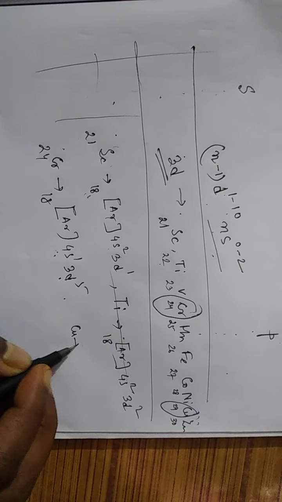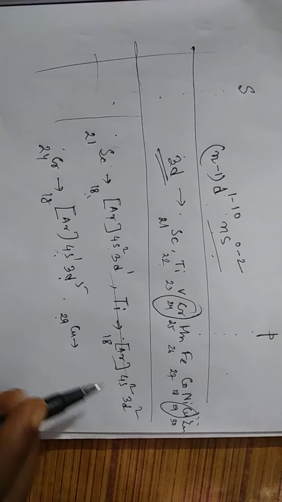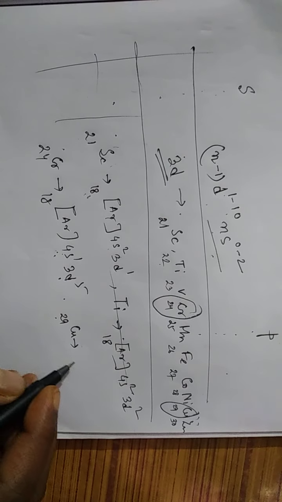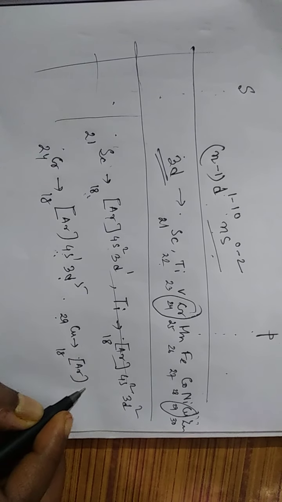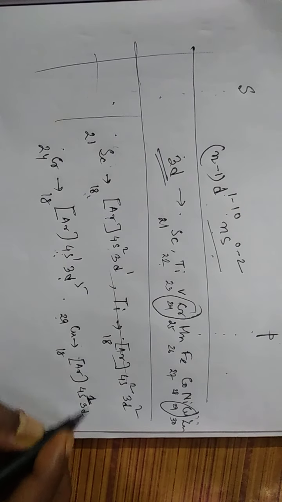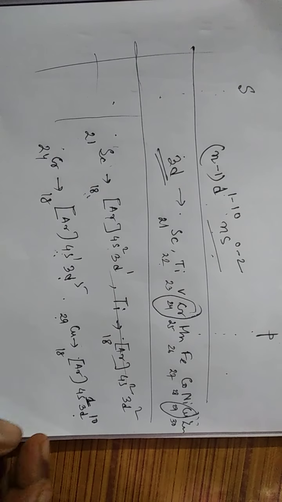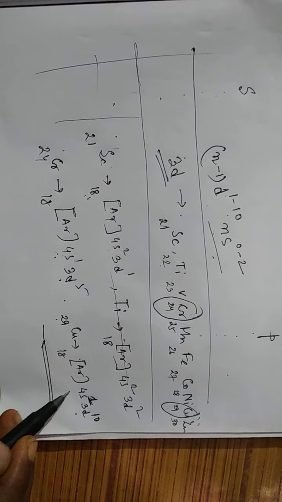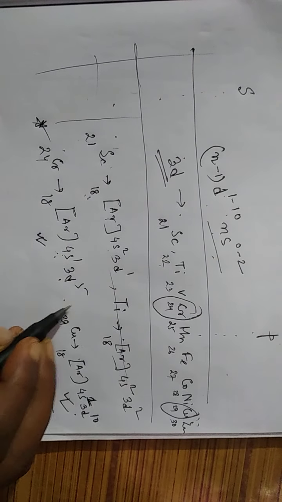Similarly for copper, we expect argon 18, then 4s2, then 3d9, but actually it is argon 18, then 4s1, and then 3d10, as d is completely filled up. Therefore it is more stable than 3d9. So these are the two exceptional electronic configurations, of copper and chromium.